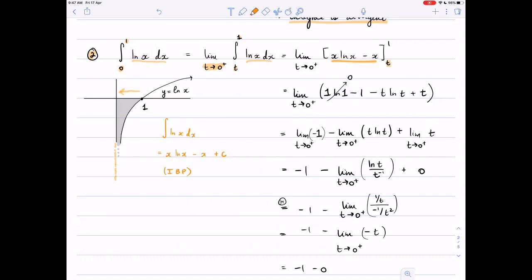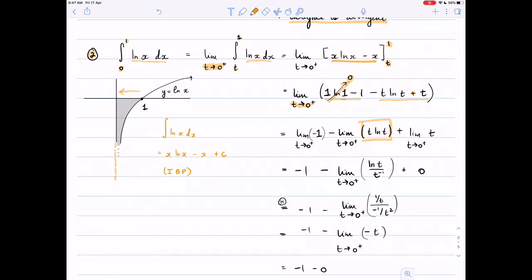So we're doing the top minus the bottom value. So we have 1 ln 1 minus 1. That's the top value. ln 1 is 0, so that just goes away quite nicely. Minus, and then plug in the bottom value, t ln t minus t, and minus minus gives me plus t. We have to take the limit of this as t goes to 0, so I'm going to be a little bit careful here because I have a form which is going to give me a little bit of extra work to do.